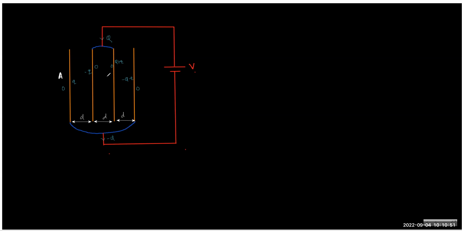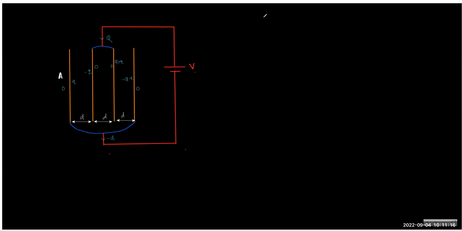So we started with the outer one and we realized that the middle two plates are already following charge conservation, and therefore we don't have more charge to think about. So can we say net is 0 in between the plates? Yes, sir. Imagine if you're not able to figure it out.